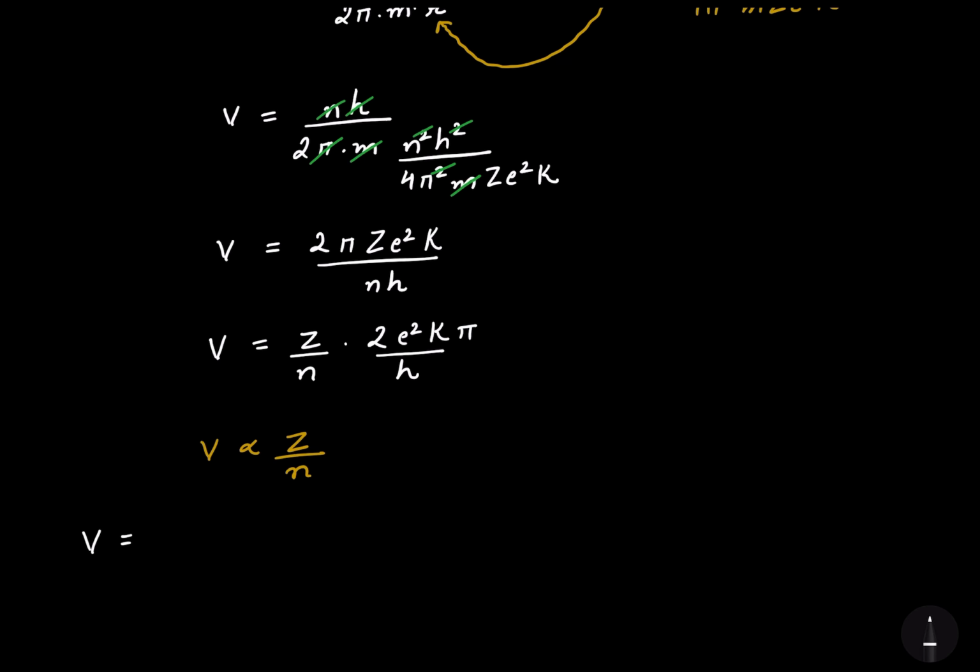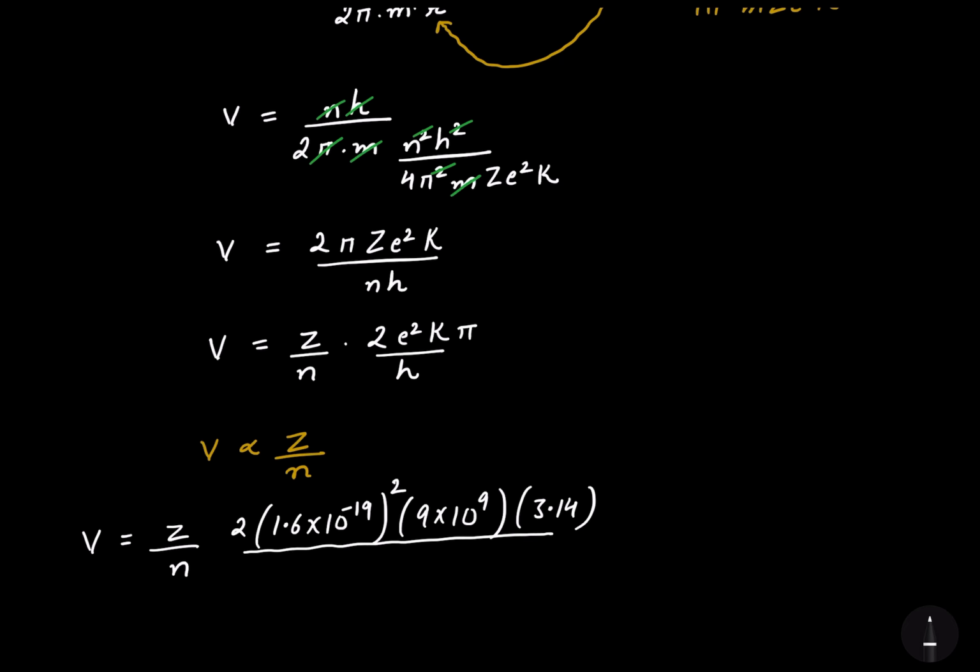Velocity comes out to be z divided by n, times 2, times the value of e, which is 1.6 into 10 to the power minus 19, squared, times the value of k, which is 9 into 10 to the power 9, times pi, which is 3.14, divided by h, which is Planck's constant, 6.626 into 10 to the power minus 34.